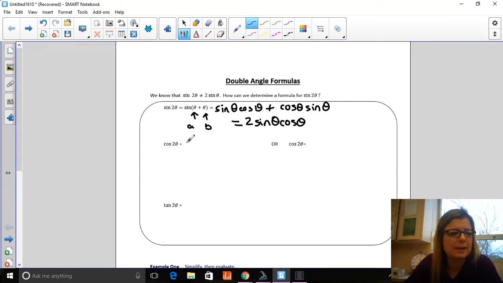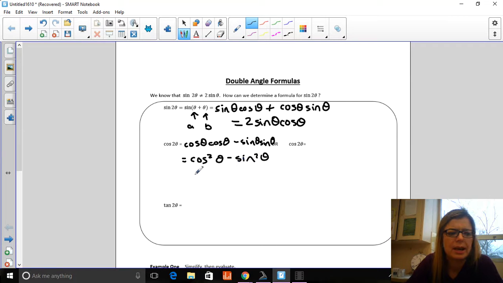Cos 2 theta, in the same way, can be developed to be cos theta cos theta minus sine theta sine theta. Okay, so notice that this is just cos squared theta minus sine squared theta.